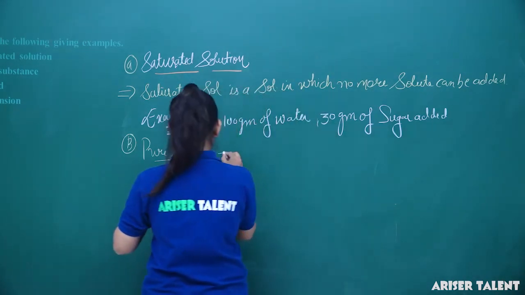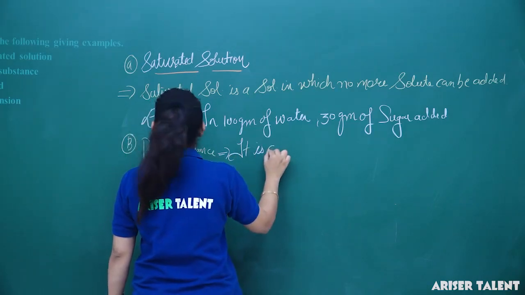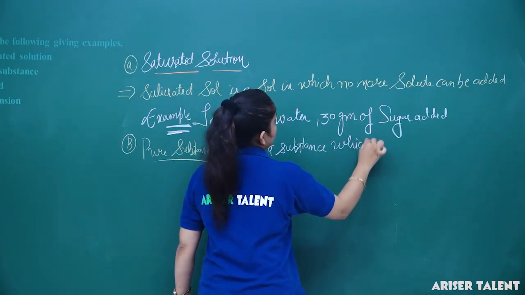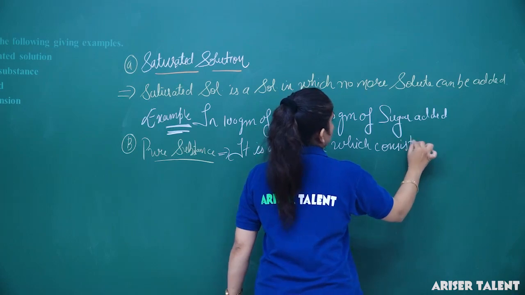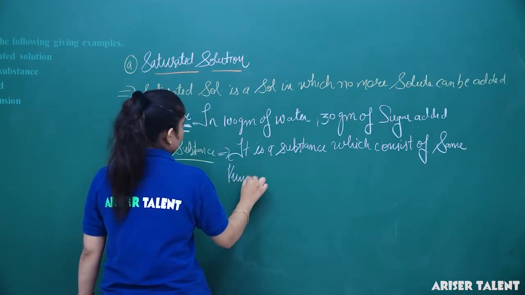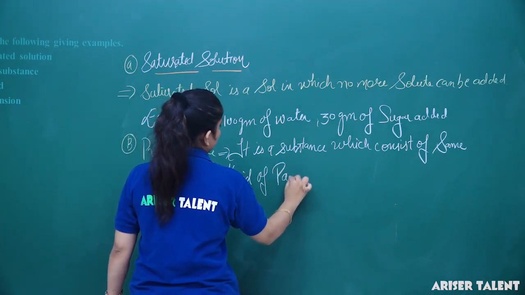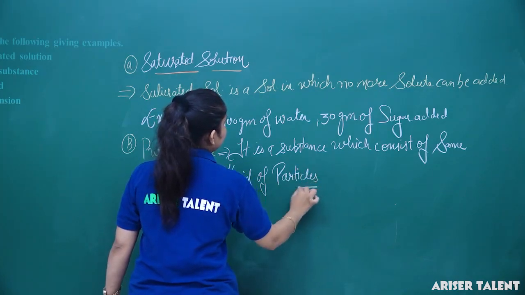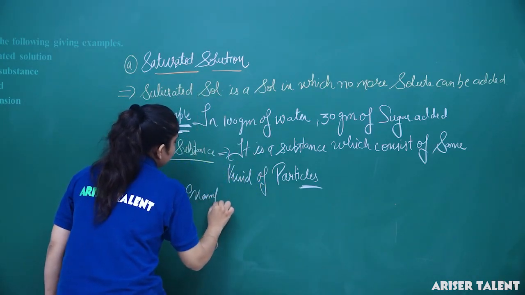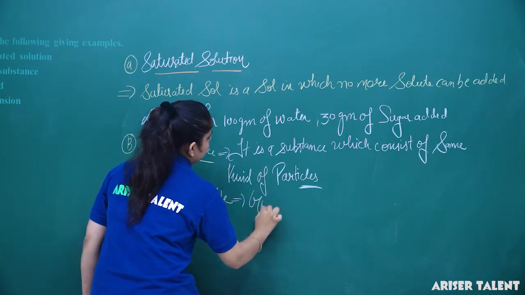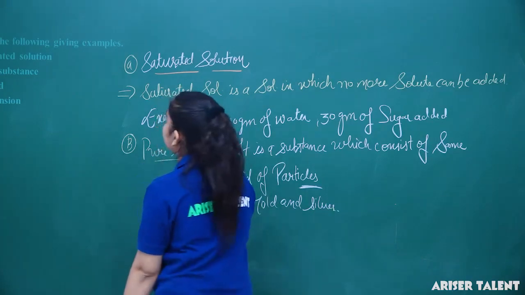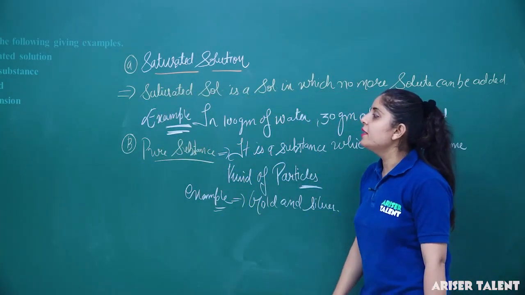So a pure substance is a substance which consists of the same kind of particles, and the example you have is gold and silver. Clear?